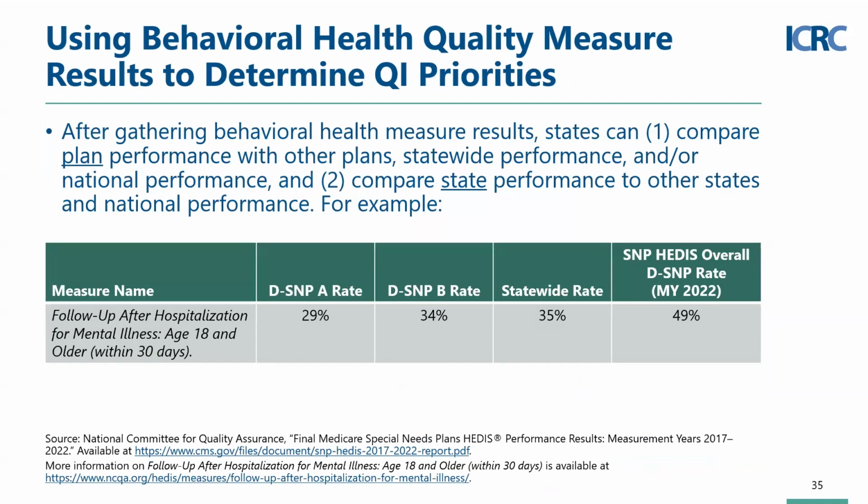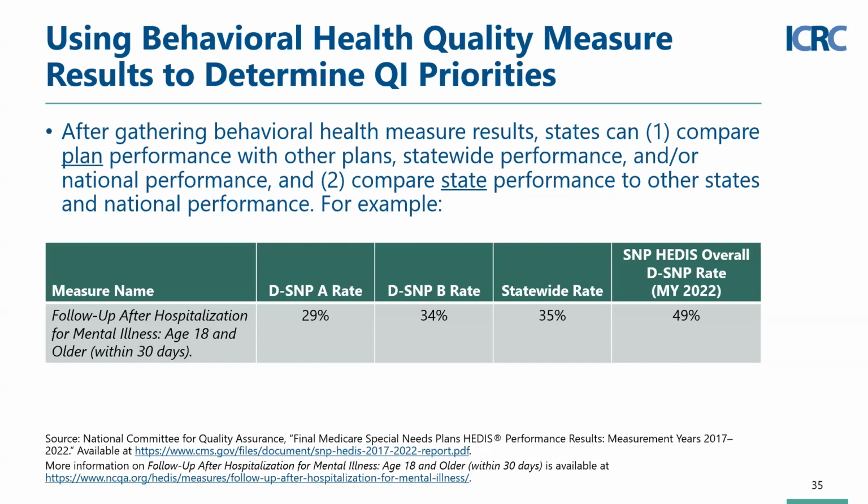After gathering behavioral health measure results, states can compare plan performance with other plans, statewide performance, and/or national performance. States may also consider comparing their statewide performance to other states' performance on a given measure, as well as to national performance. The example on this slide uses the measure follow-up after hospitalization for mental illness, where a higher rate indicates better performance.